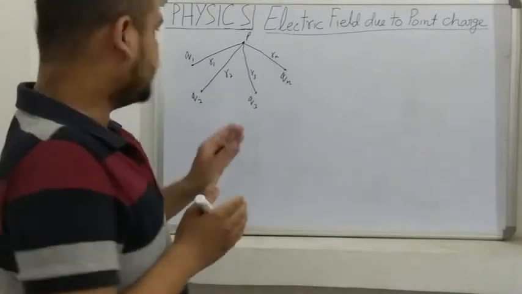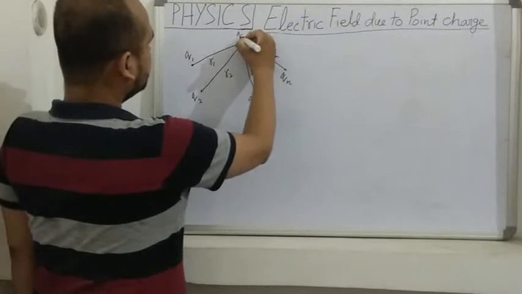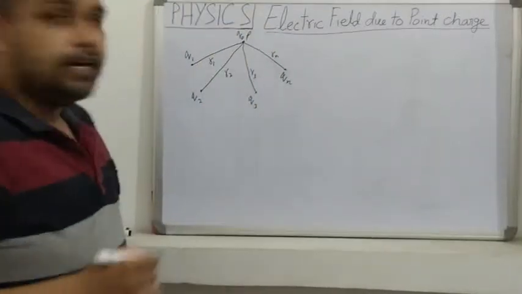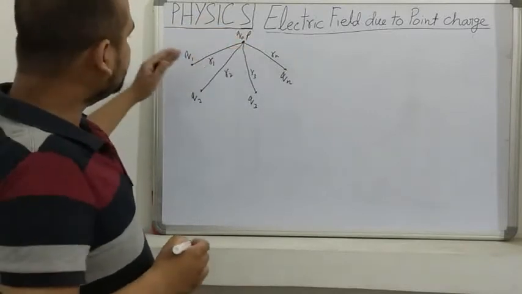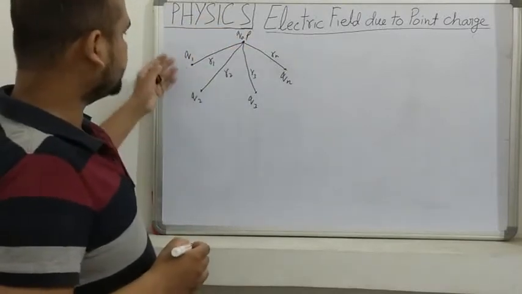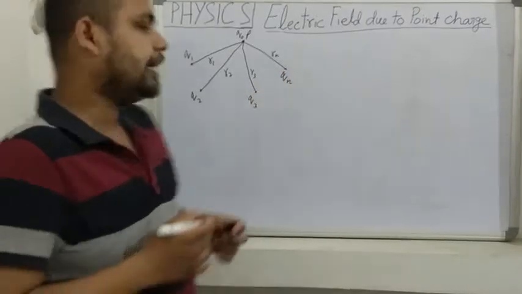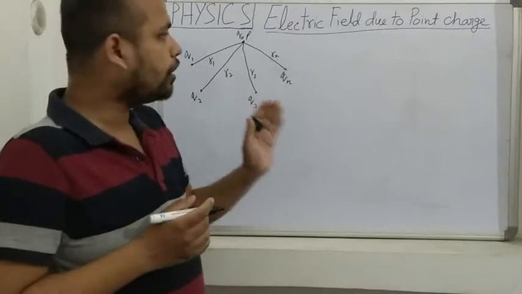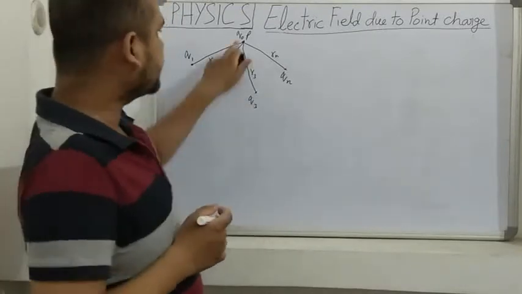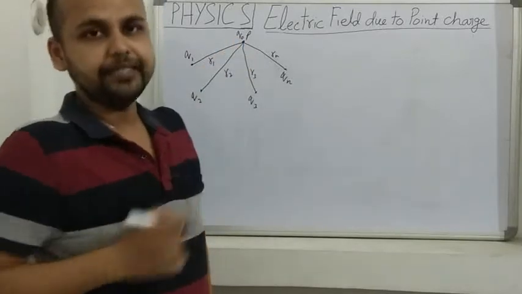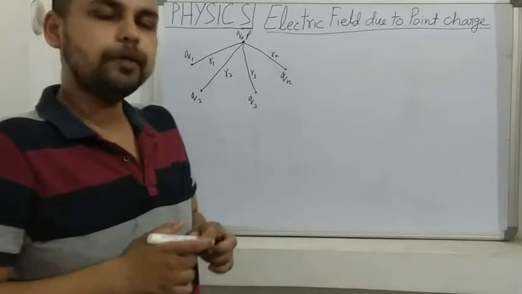The process will be the same. We will again consider a test charge at this point P, and we'll find the electric field at this point P due to all these individual charges q1, q2, q3, qn, and after that we'll take the vector sum of all those electric fields, and finally we'll get the net electric field at this point P. And this phenomenon is known as the principle of superposition.